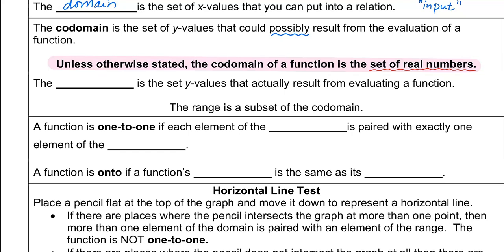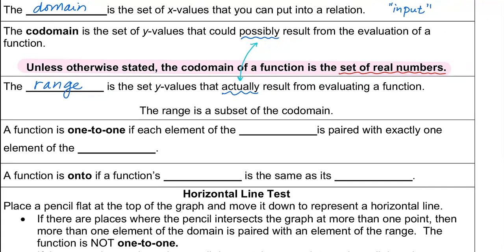The range is the set of y values that actually, as opposed to possibly, result from evaluating the function. That's the contrast between the codomain and the range. So you guys are used to domain and range, and up above we were using the word output.